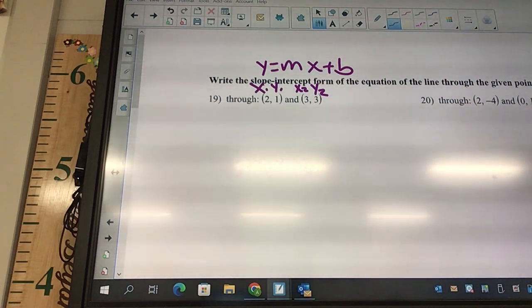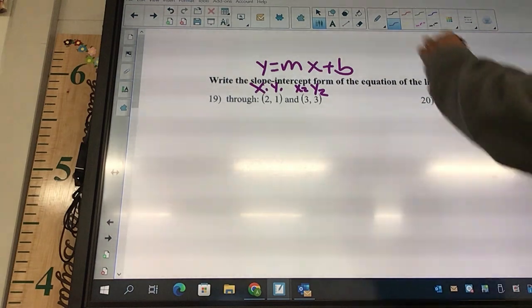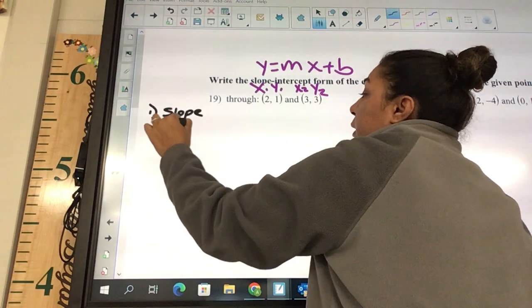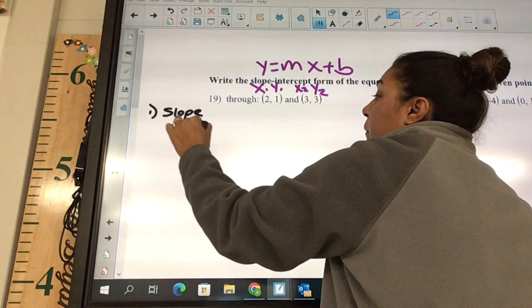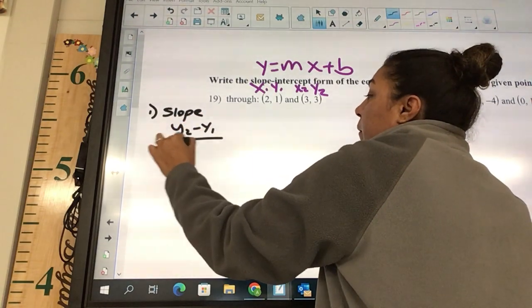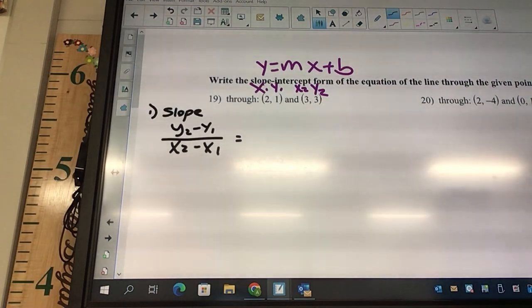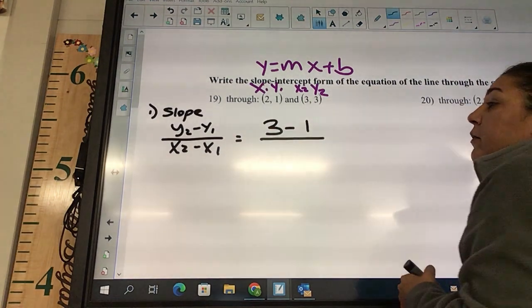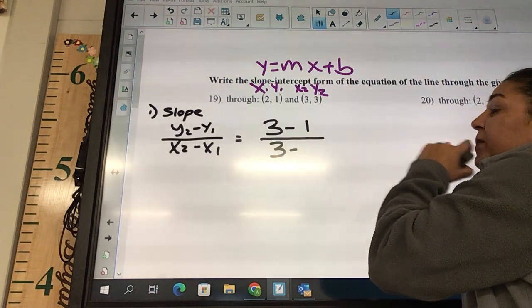Slope formula, okay? So our first step always is to use the slope formula, okay? So we use our slope formula, which is what? Okay, so what is y2? 3 minus 1 over x2. 3 minus 2.